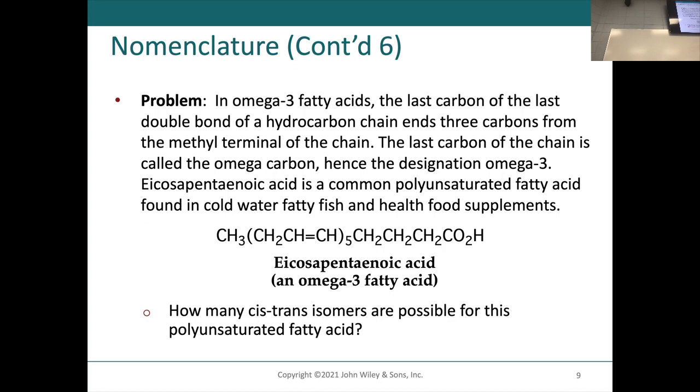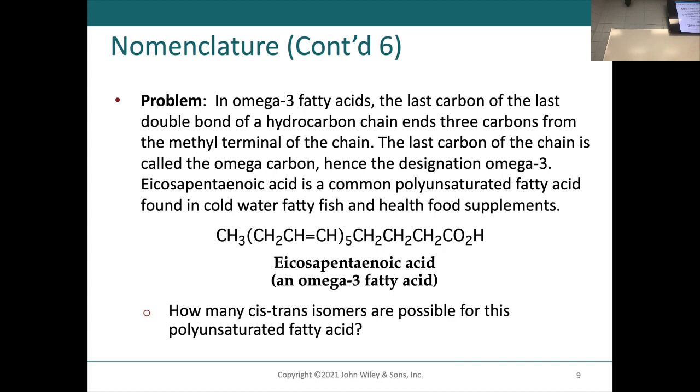So 2 to the 6th power would be 64. Okay, so you're basically saying each one of these alkenes could either be in the cis or trans conformation. Yeah, C double bond C, right?